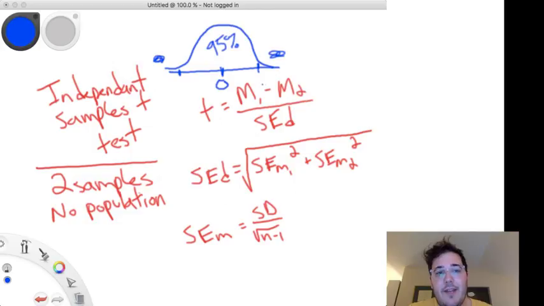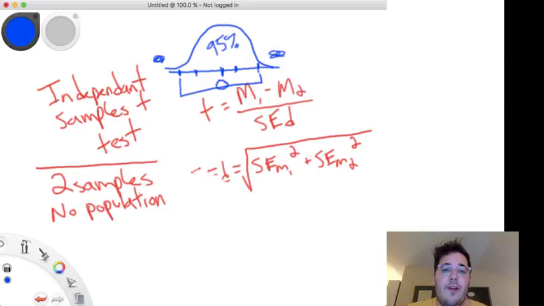So that's the idea of the independent samples t-test, that you have some null hypothesis that there's no difference, and so your standard error of difference is the variance of that distribution here. So about 2 SEDs, 2 standard errors of difference away, is where you would start being able to reject your null hypothesis. So that's the independent samples t-test.